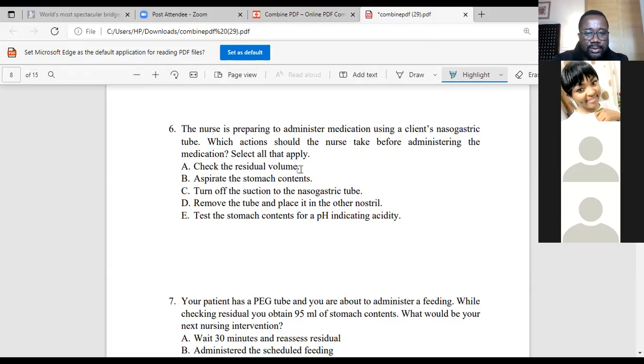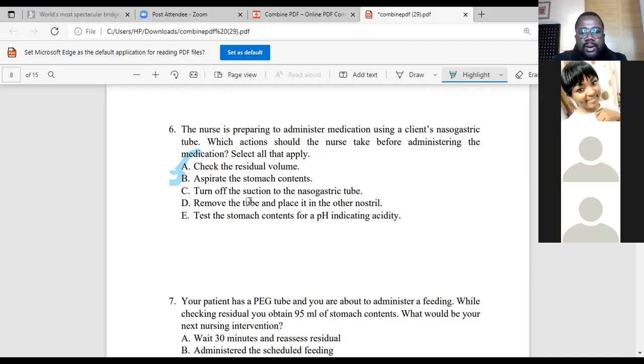Check the residual volume. Of course, that is correct. Aspirate the stomach content. Yeah, of course. Turn off the suction to the nasogastric tube. Why? Let's see. Remove the tube and place it in the other nostril. Why?